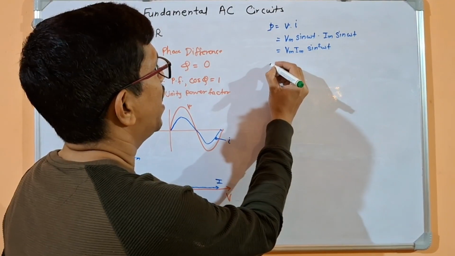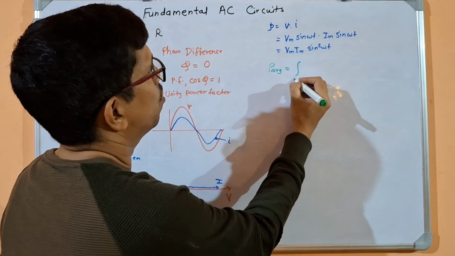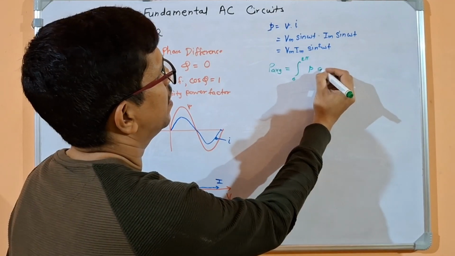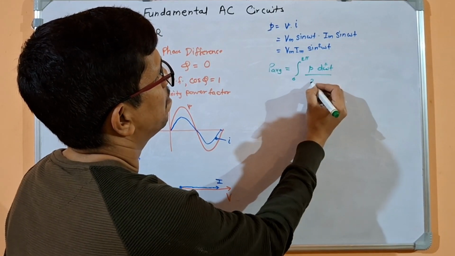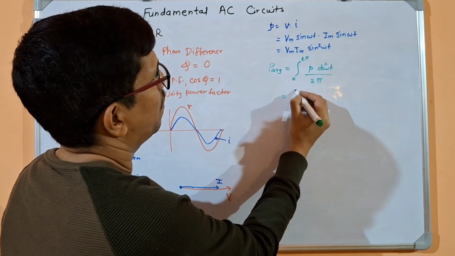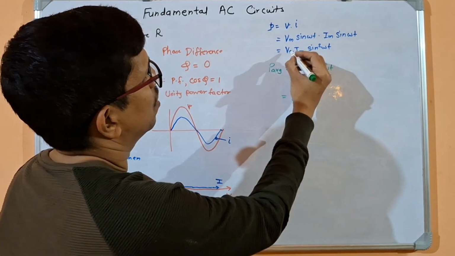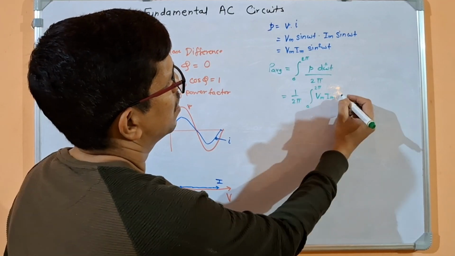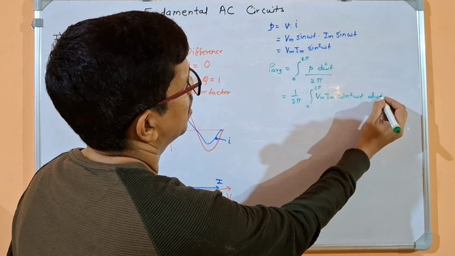Here we can find average power as integral from 0 to 2 pi of small p d omega t divided by the base 2 pi. Further solving, we substitute Vm Im sin square omega t d omega t.